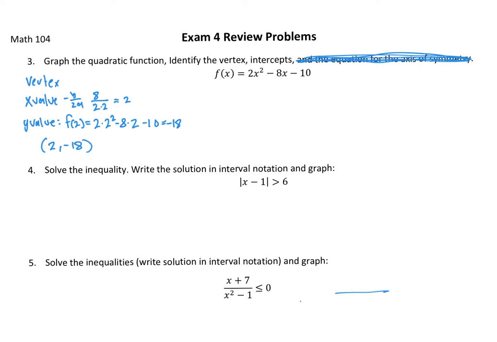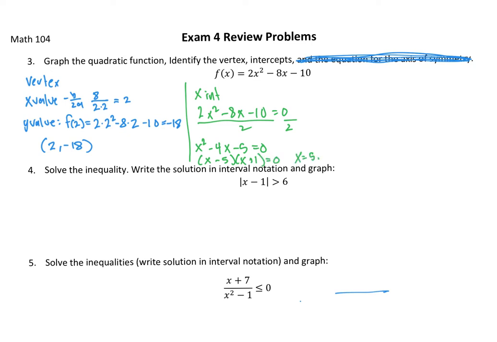Now we're going to find the x-intercepts. To find the x-intercepts, we just set our quadratic function equal to 0. I'm going to divide both sides of my equation by 2. So that's x squared minus 4x minus 5 equals 0. I factor that, and we get x equals 5 and negative 1.